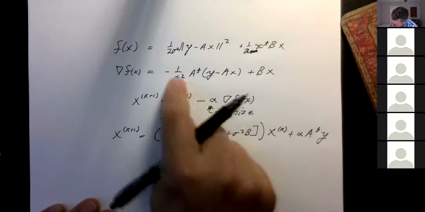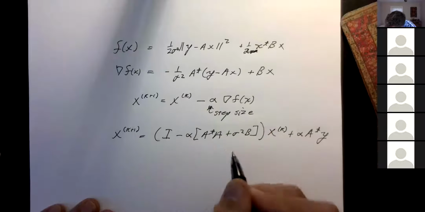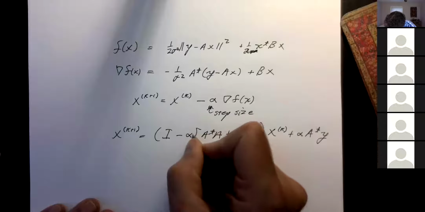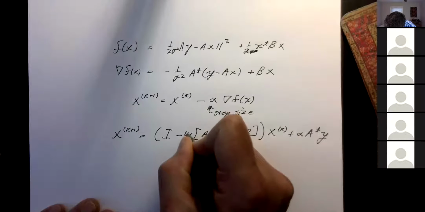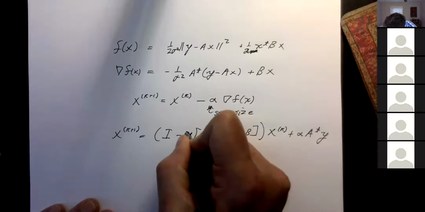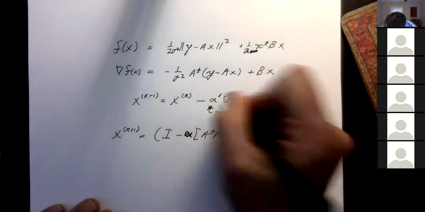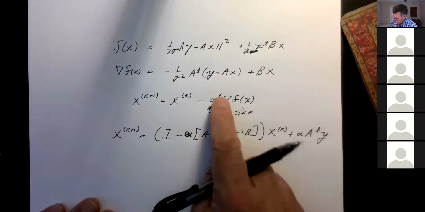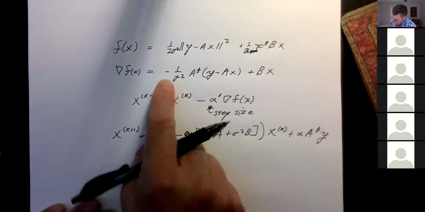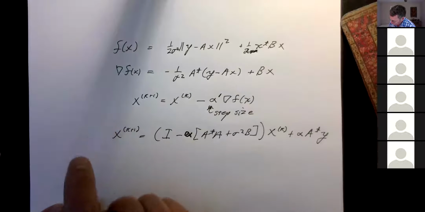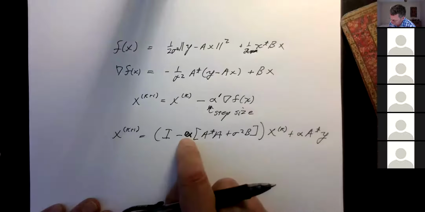Okay, this is a different alpha, so I'll make this alpha prime, because the relationship between this alpha and this alpha is a scaling factor of sigma squared. But the point is that this is just a constant you have to pick.